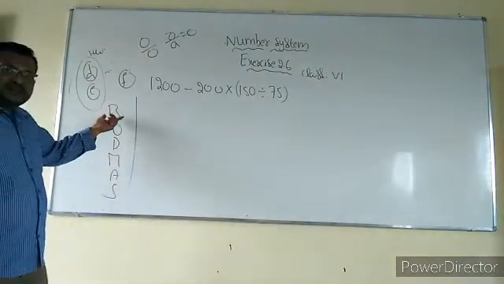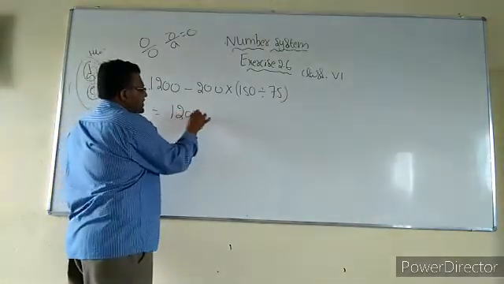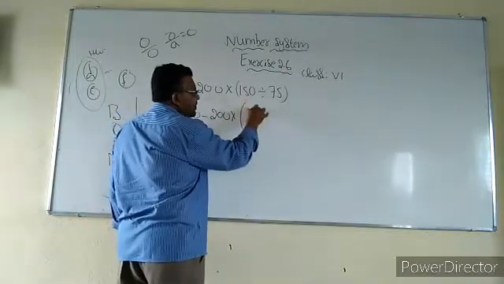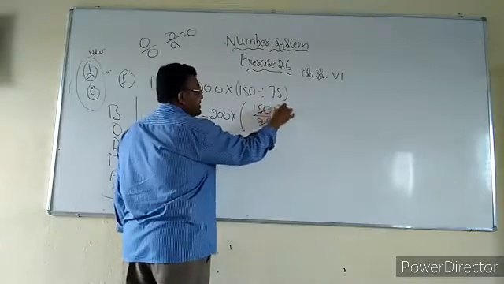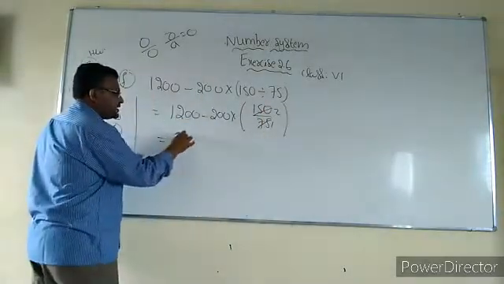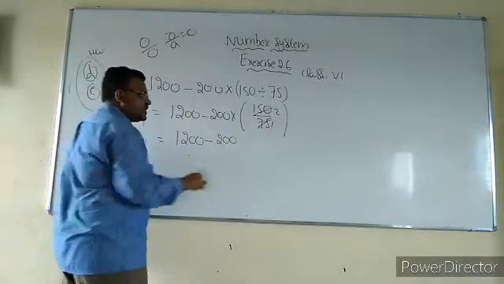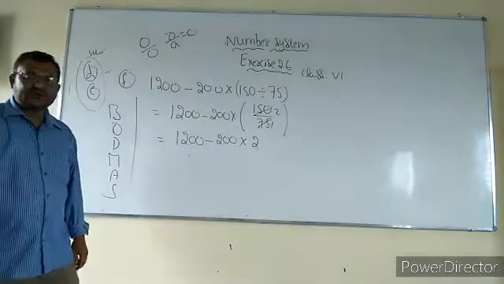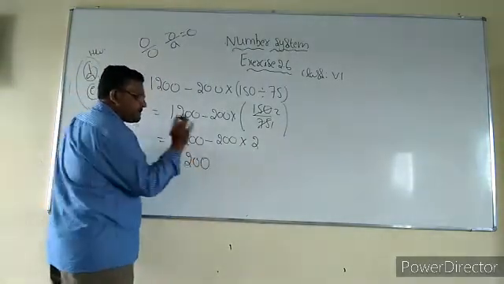Whatever is in the bracket, we first have to simplify that. 150 divided by 75: 75 twos are 150. Then we get 1200 minus 200 into 2.